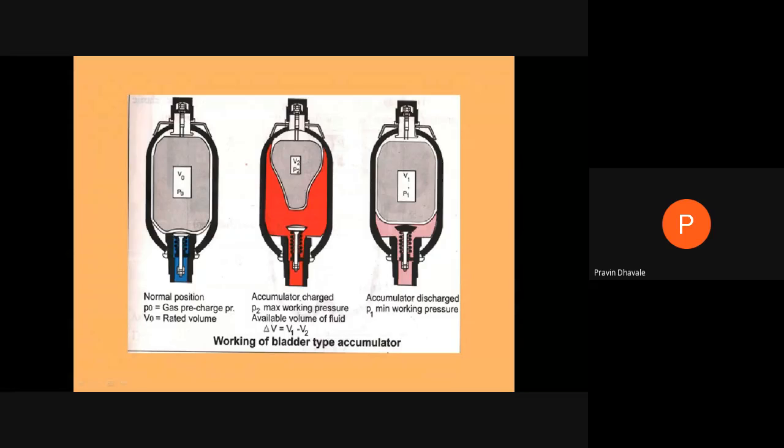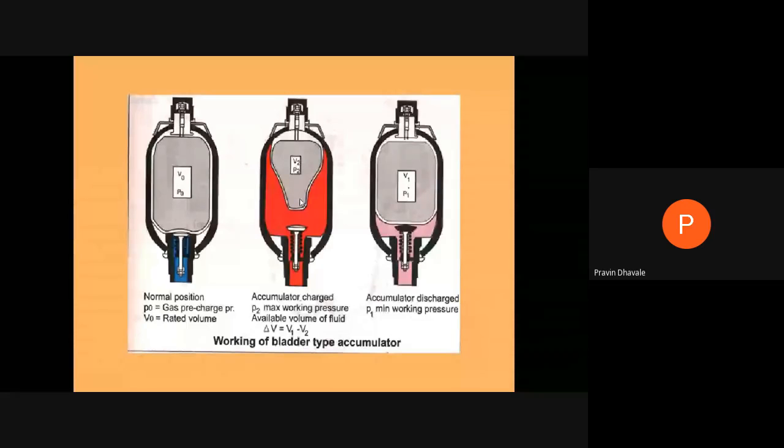Now, what are the advantages of this bladder type accumulator? It provides positive sealing between the gas and oil chambers, because the bladder sits between the oil and the gas.